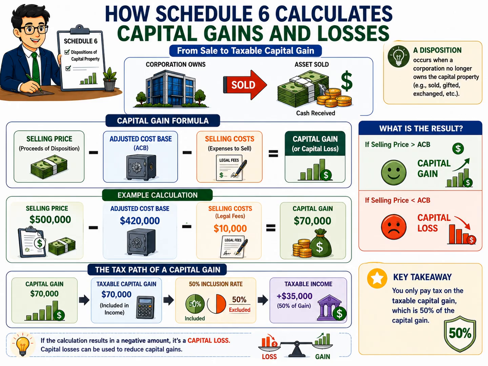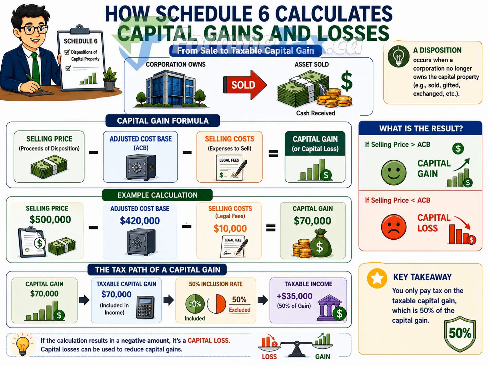However, an important tax rule applies here. The entire capital gain is not included in taxable income. Instead, only the taxable capital gain is included. Under the current Canadian tax rules, only 50% of a capital gain is taxable. In our example, the corporation realizes a capital gain of $70,000.